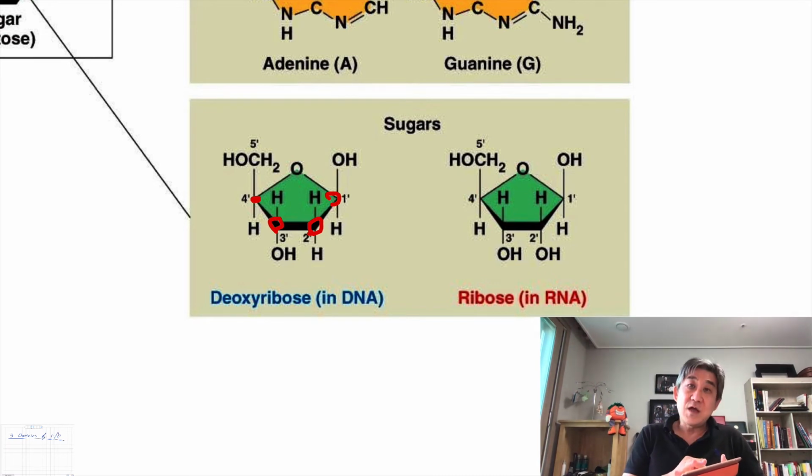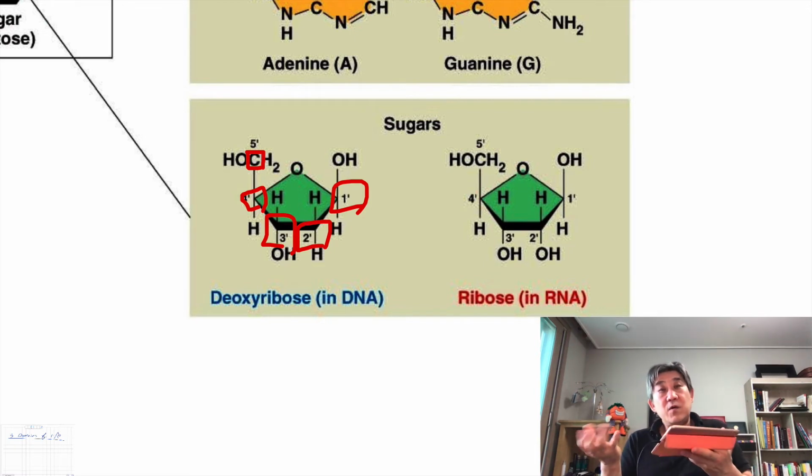So one carbon is there, and another carbon is there, and another carbon here, and another there too. And also what you notice is that at each carbon position it is numbered: 1', 2', carbon number 3, 3', carbon number 4, and finally carbon number 5.